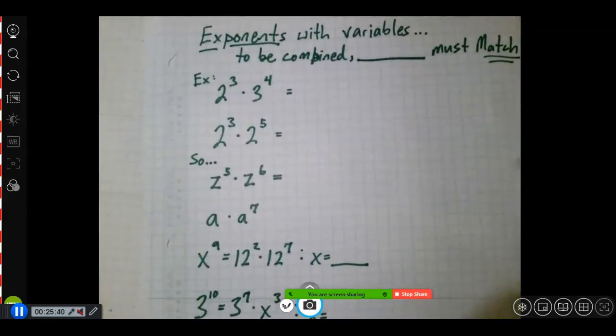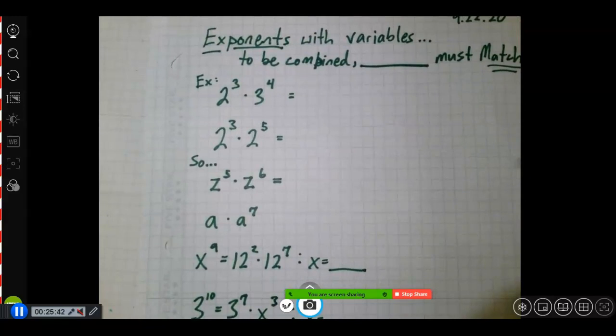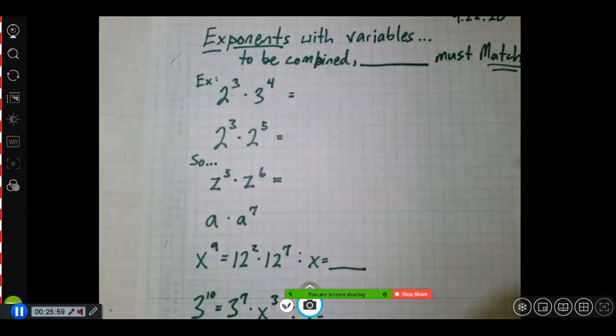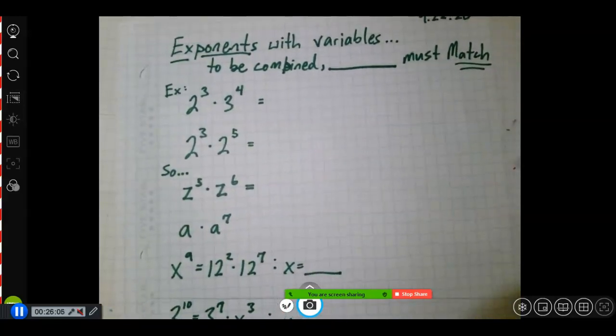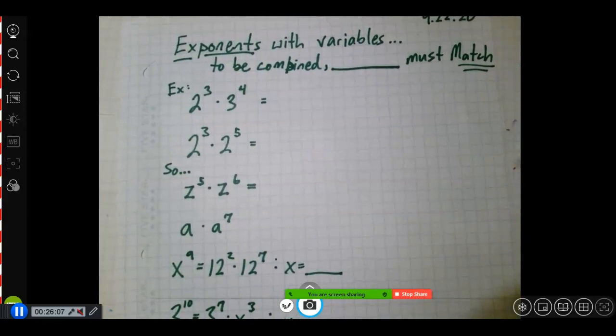So now, if you want to draw a squiggly line or switch to a different piece of paper, we're going to shift into exponents that involve variables. Or variables that involve exponents, depending on how you want to look at it. Before we talk about that, we have to talk about the one caveat: am I allowed to do this?